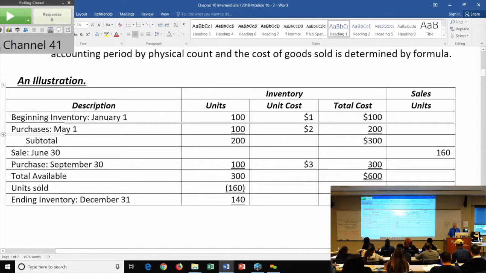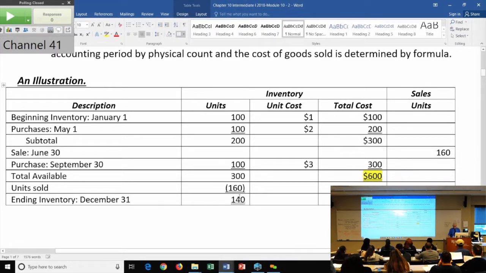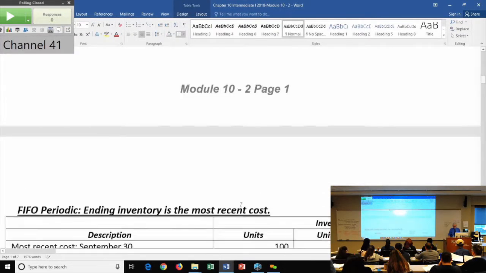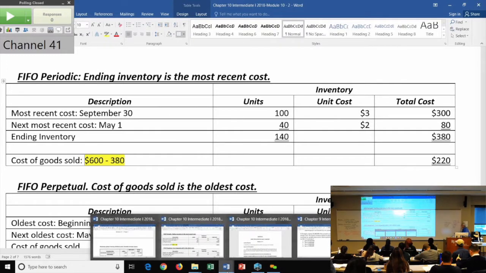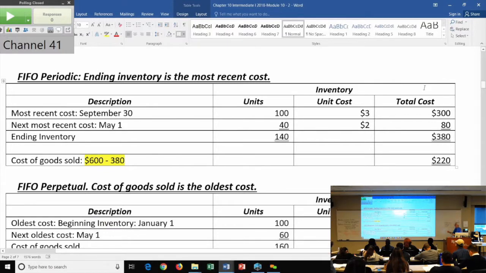The goods available for sale, total cost, is 600. So you can back into the cost of goods sold by taking 600 minus the ending inventory, and the cost of goods sold is 220.